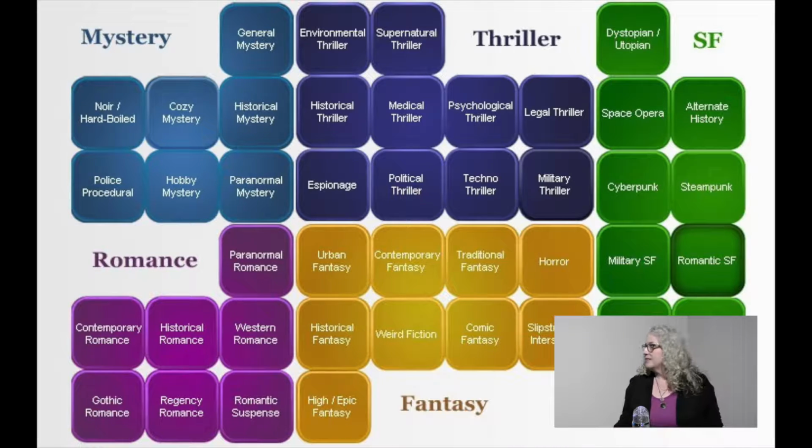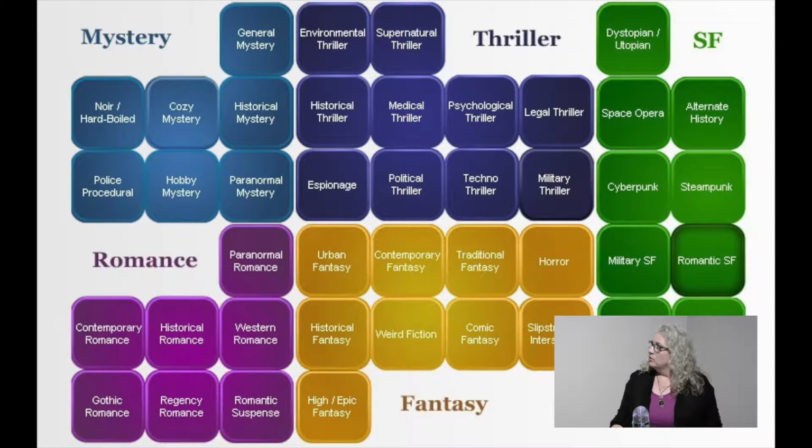You could think of this as types of writing, genres of writing, or you can think of it as film, if you enjoy films and movies or TV shows. And so it's broken down into different parts. So we have mystery, thriller, science fiction, romance, and fantasy.